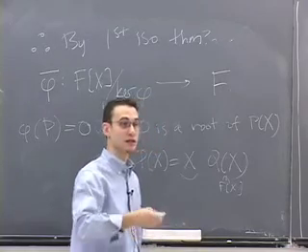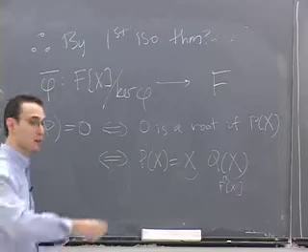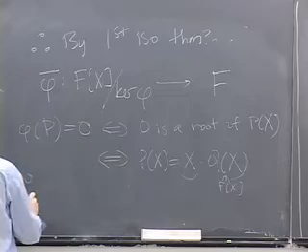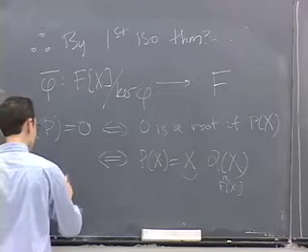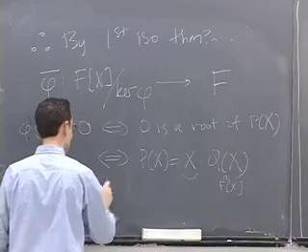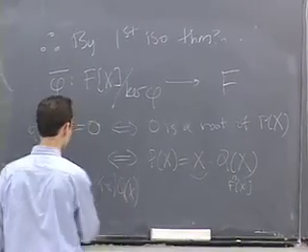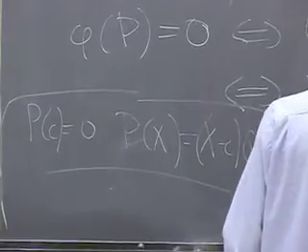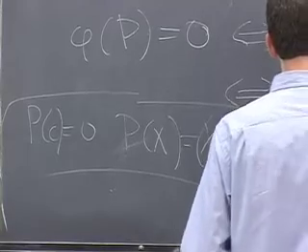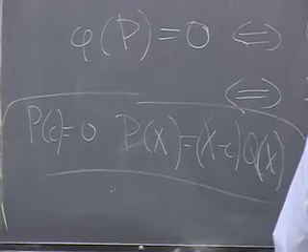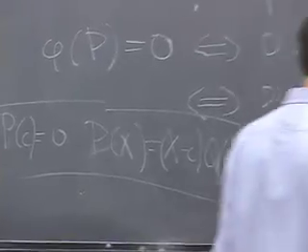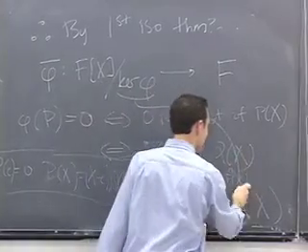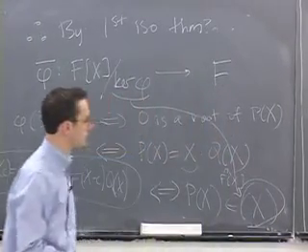But this generalizes; it works for any root. If p of c equals 0, then p of x equals x minus c times q of x. This is a general fact. But this statement is exactly the statement that p of x is in the principal ideal generated by x. So indeed, the kernel is exactly equal to the principal ideal generated by x.